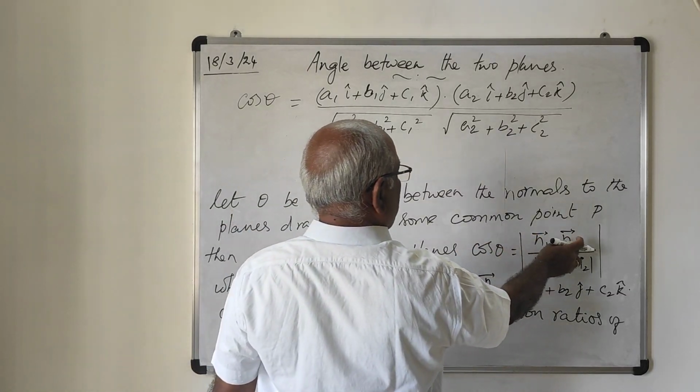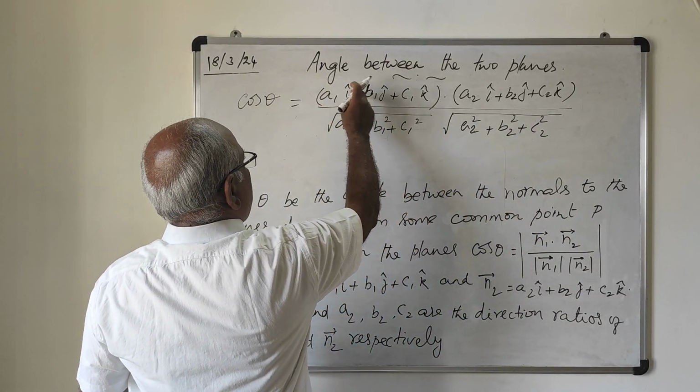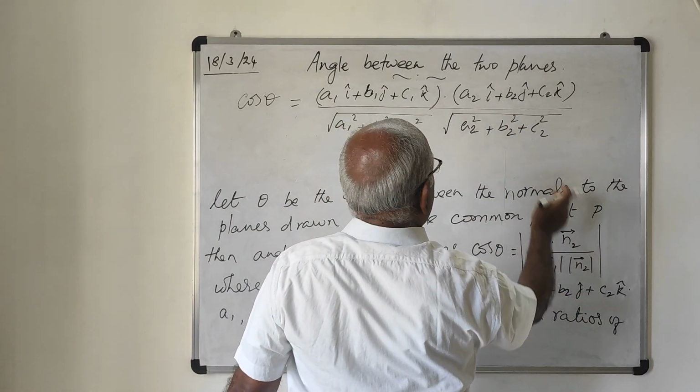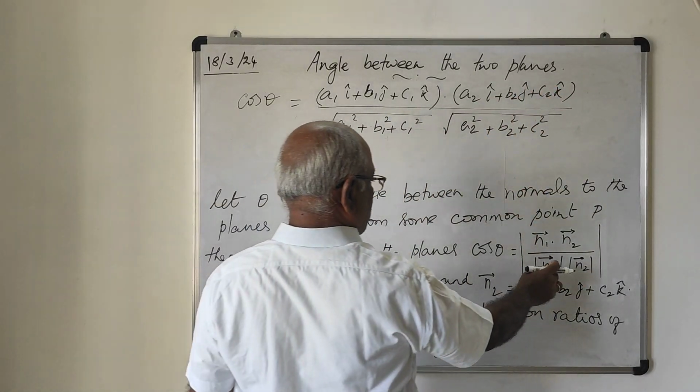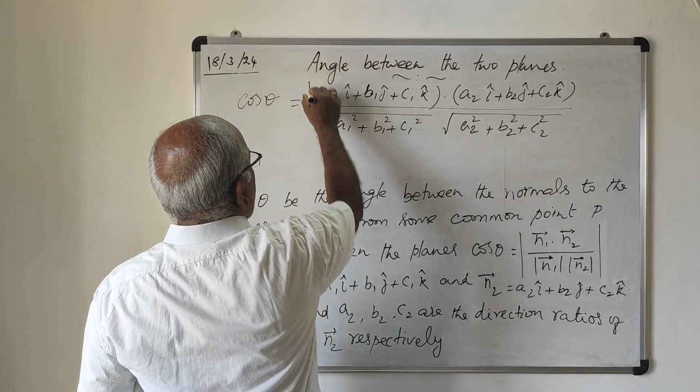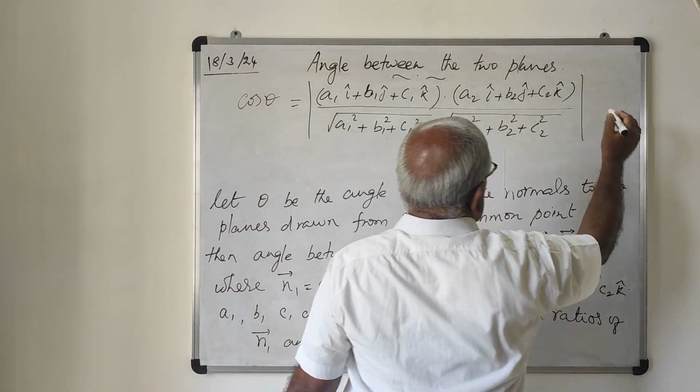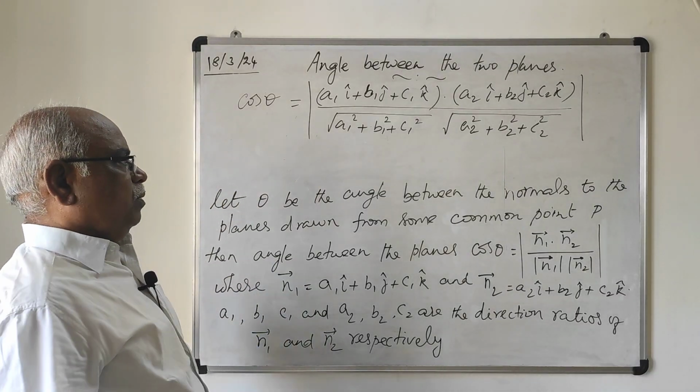See, n1 dot n2 is a1 i plus b1 j plus c1 k dot a2 i plus b2 j plus c2 k, divided by the denominator, where modulus of n1 is root of a1 square plus b1 square plus c1 square, and modulus of n2 is root of a2 square plus b2 square plus c2 square.